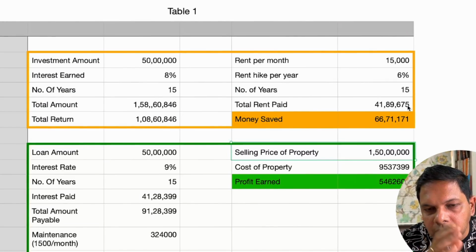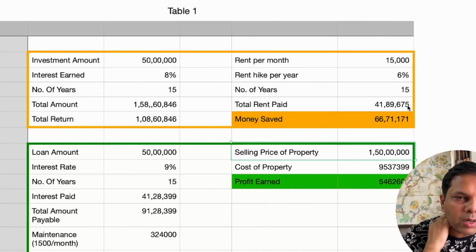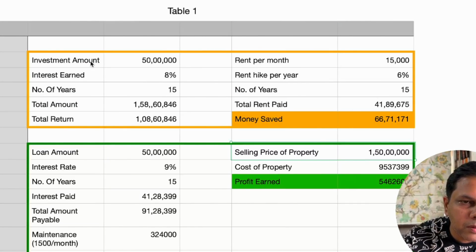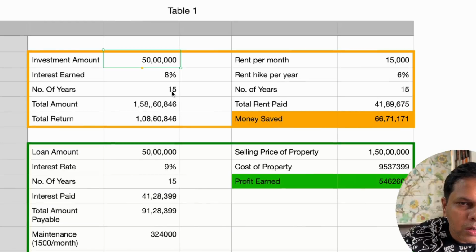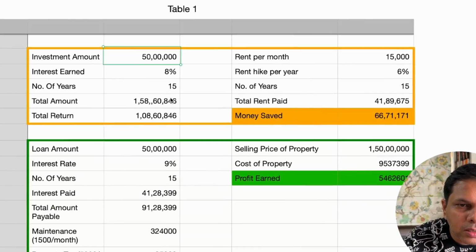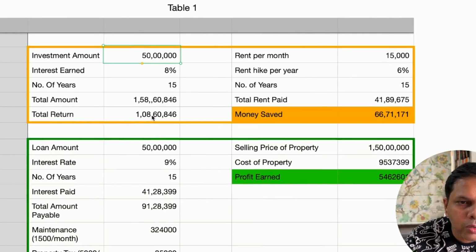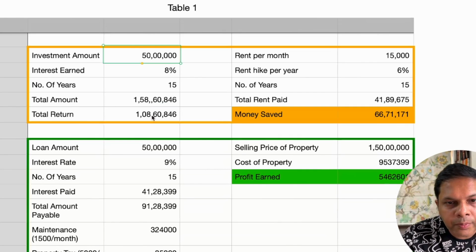But focusing on the point that I'm trying to make: if the person had made a similar investment of 50 lakhs at a return of 8% over a period of 15 years, then the total return would be around 1 crore 8 lakh rupees, right?